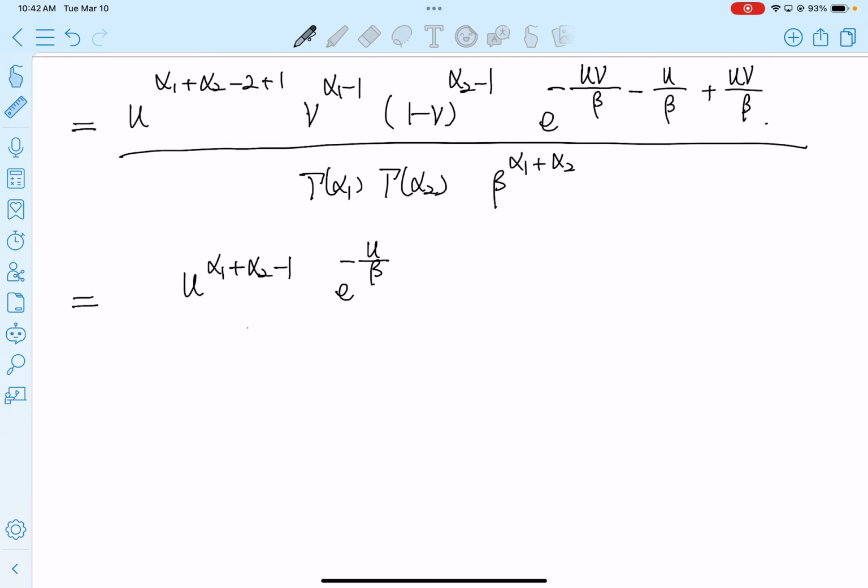And now we also have v raised to the power of alpha 1 minus 1 and then 1 minus v raised to the power of alpha 2 minus 1.